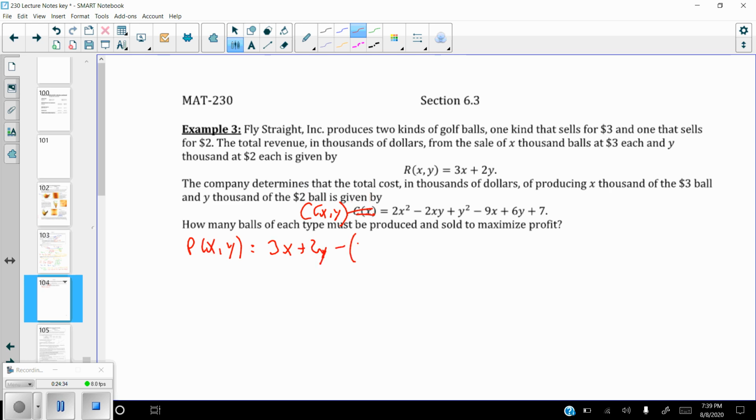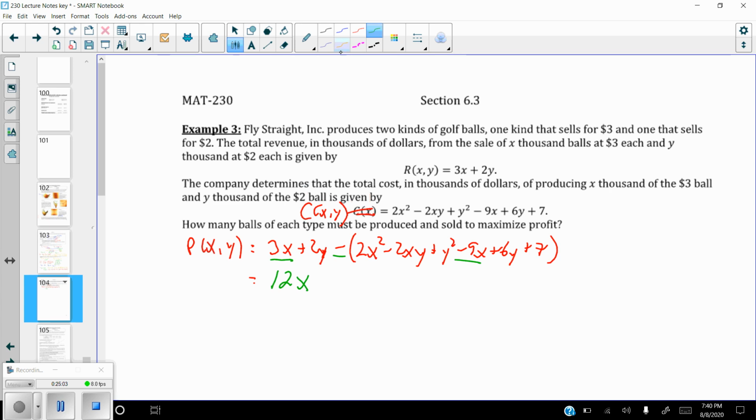And again, put the cost function in parentheses just to make sure you don't lose that minus sign, because it's going to have to be distributed throughout. This is a long one. So let's simplify the profit. So let's see, do I have any other x's? Yes, 3x minus the minus 9x. So I'm sorry, 3x minus a minus 9x is going to be plus. So that gives us 12x.